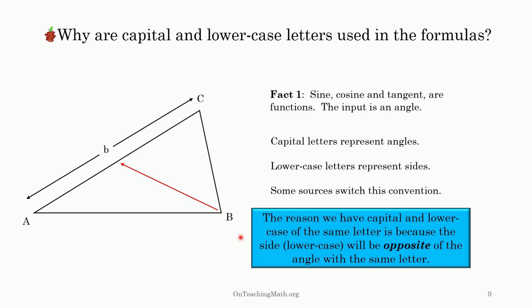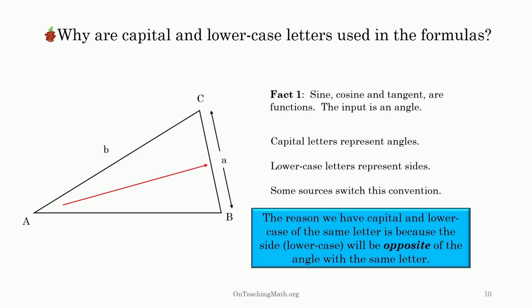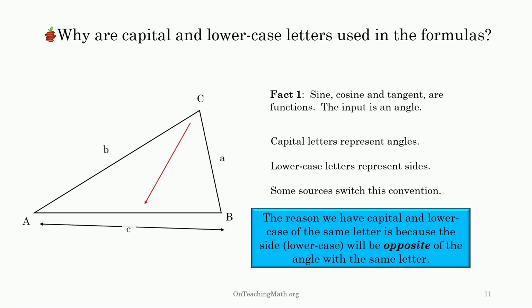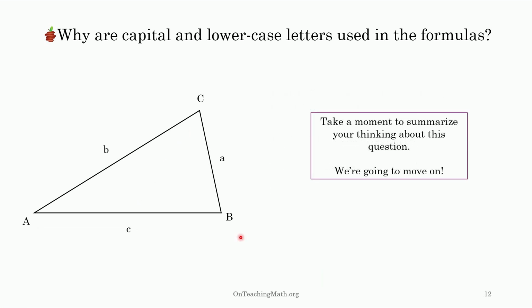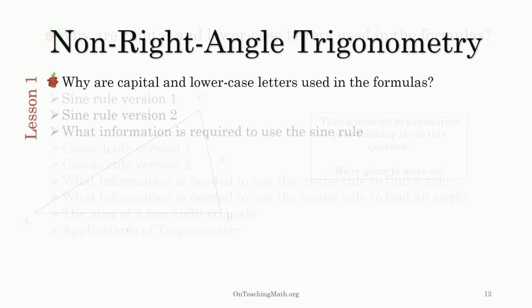So B is going to be related to b, and A is related to a, and C is related to c. So that's a confusing point to some people, but once you see it, you got it, and there's no reason to mess that up anymore, right? But go ahead and take just a quick minute, write down your thoughts on that, see if you can make that understanding permanent.